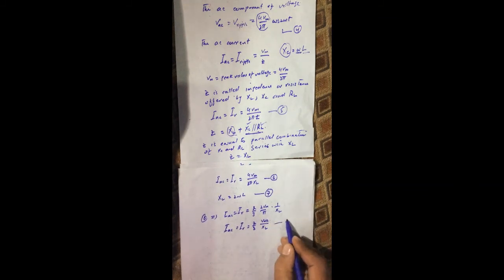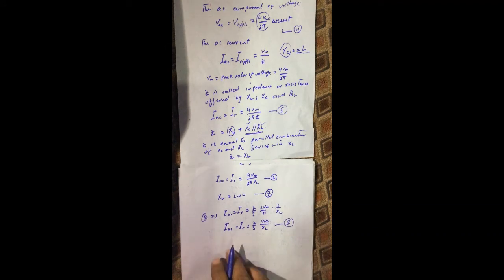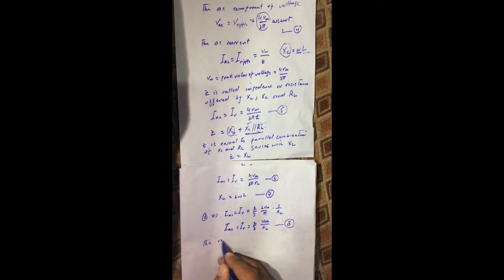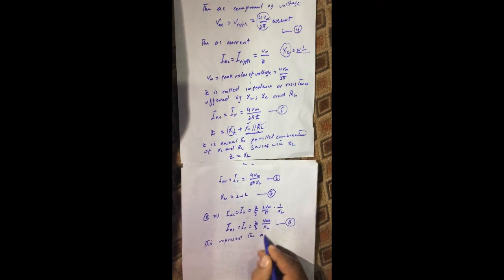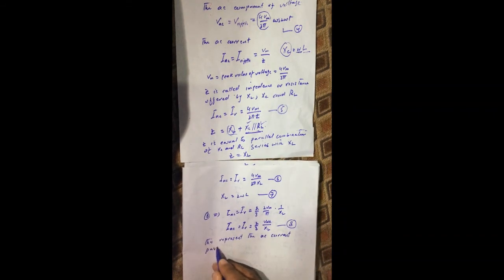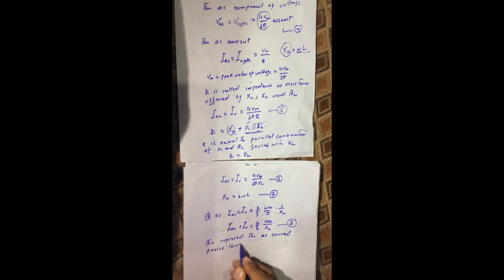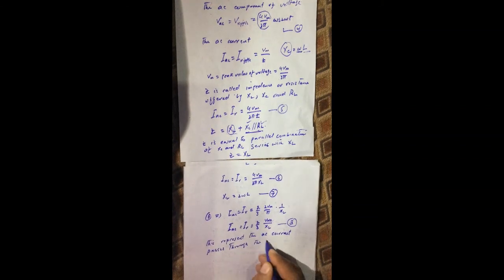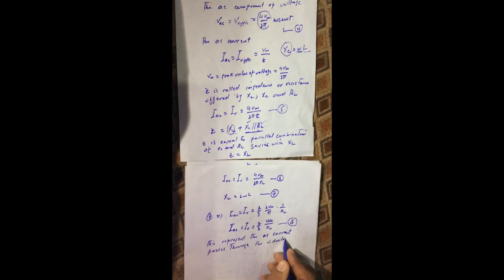This is equation number 8. Now this represents the value of the AC current that passes through the inductor. I will stop here and I will continue in the next video.